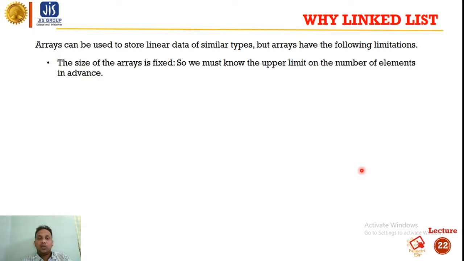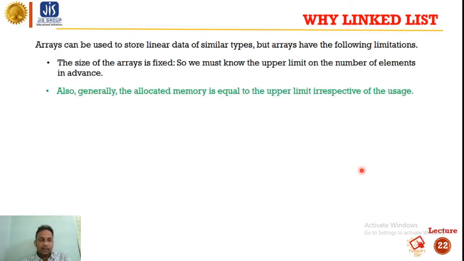As you have already paid for 200 people, it is not possible for the caterer or for you to accommodate another 50 people. So this is also a disadvantage of array. In case of array, it is not possible to store extra elements.